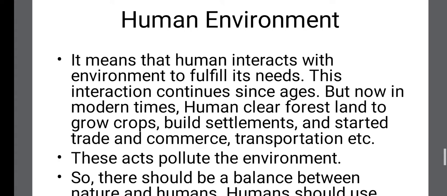For example, in early times, man cleared the forest land to cultivate crops, and sometimes took water from water bodies to consume it for various purposes. In this way they were using and modifying the environment to satisfy their needs.